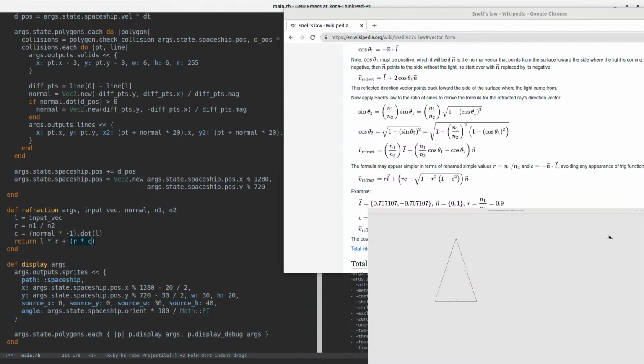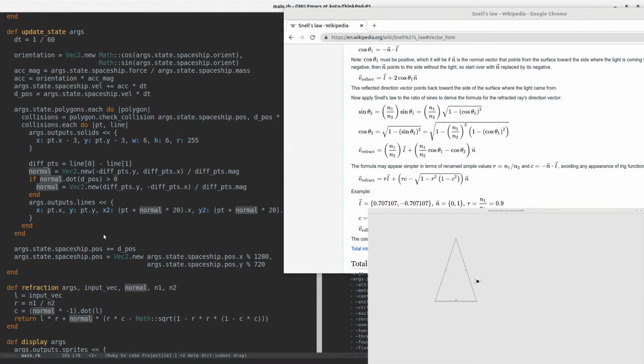And then we can have R times C minus math dot square root of 1 minus R times R. And I know in game world we hate square roots, but in robot world we use them a lot. And then we'll multiply this by our normal vector. Normal times that. So this bit here is a scalar. This is a vector, and this thing is a vector, so in the end we get a vector output.